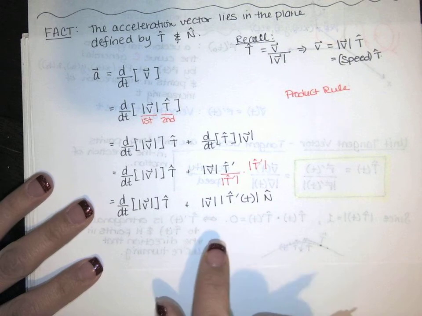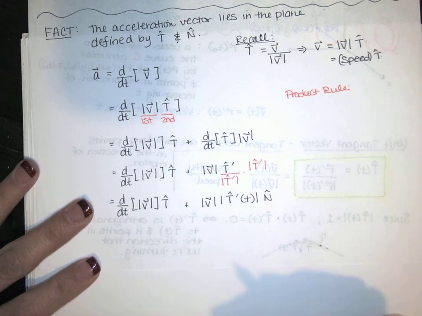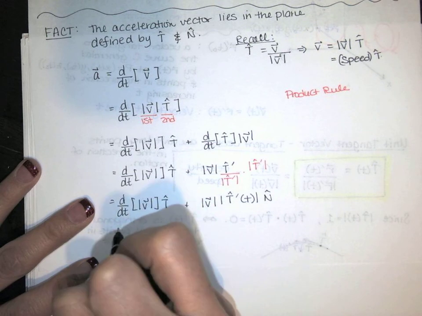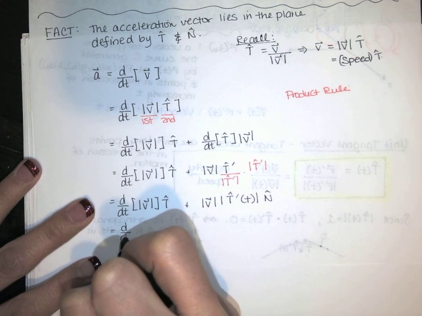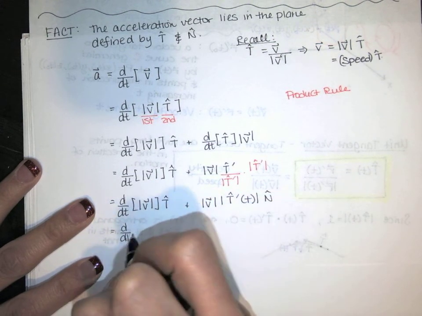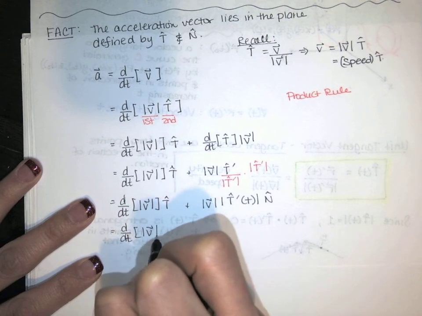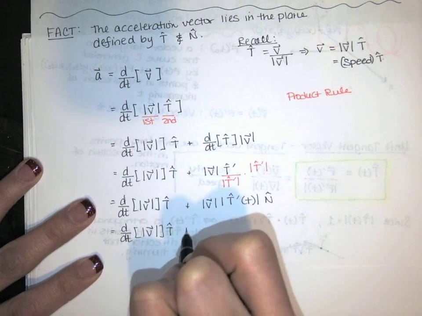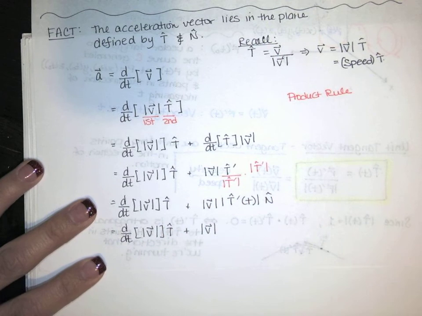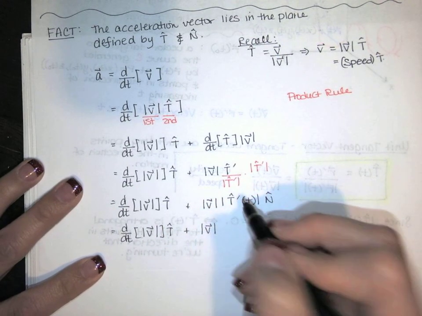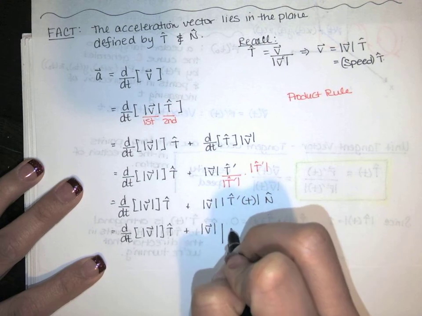Now, in a different video, we talked about the arc length parameter. We talked about s. Now, by the chain rule, I can rewrite this derivative of t hat prime slightly differently. This is the derivative of t hat with respect to little t.